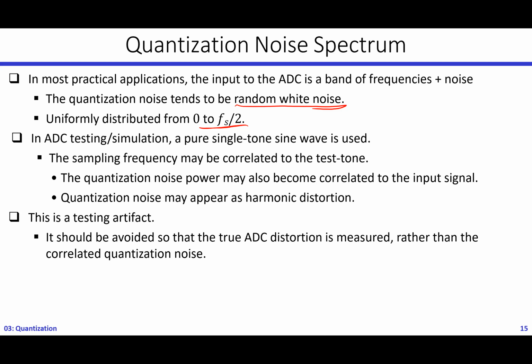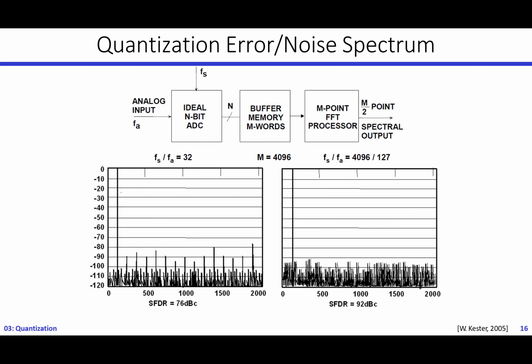If you apply something wrong and see an obviously wrong behavior of the ADC, this is called a testing artifact. We should avoid applying a wrong signal, because it will give you an illusion that your ADC is not doing the right thing, while in reality it is. It will mislead you.